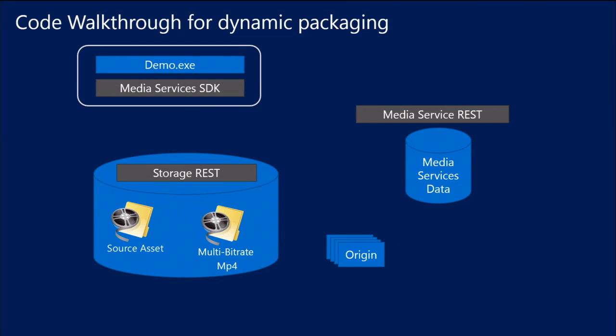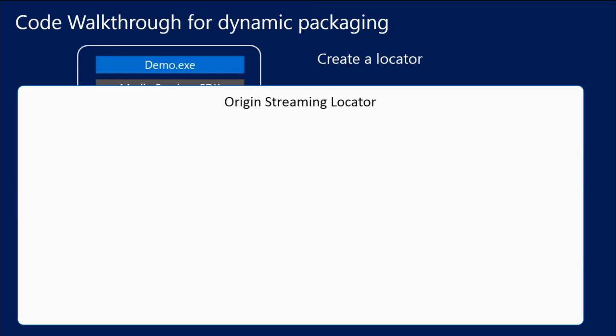And lastly, once your encoding is done, you will be able to just create a locator. So what does a locator mean? A locator is used for our server to locate your media file. For instance, one type of locator is called an origin streaming locator.